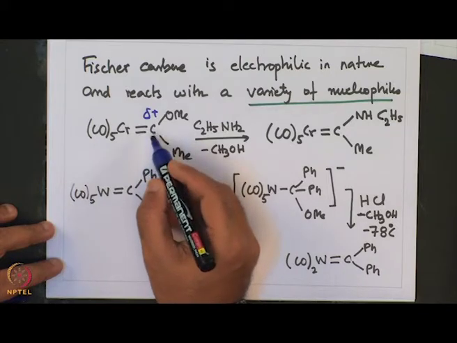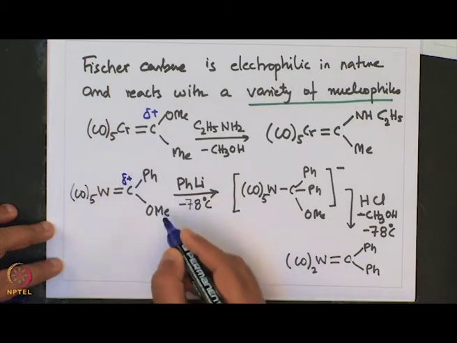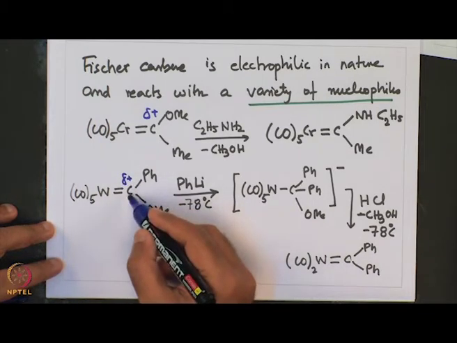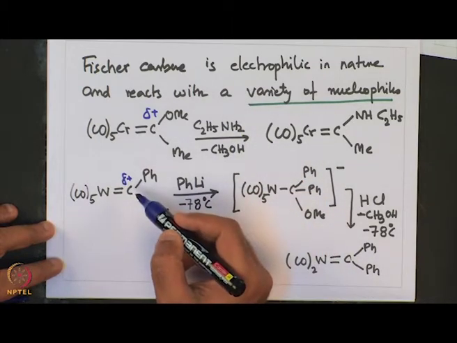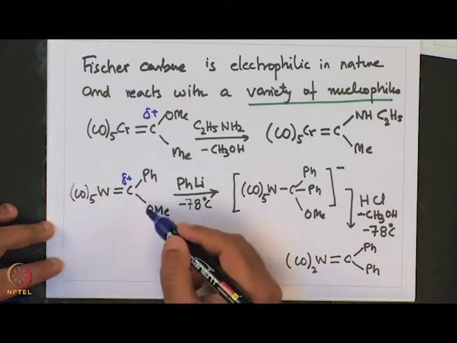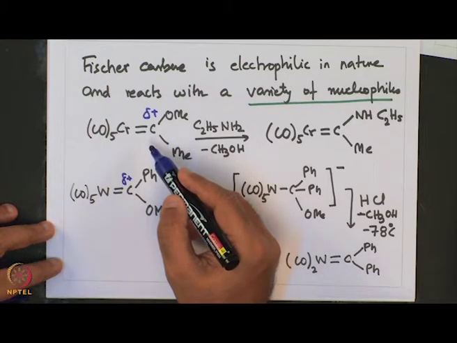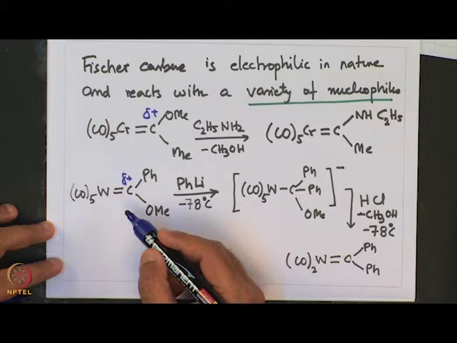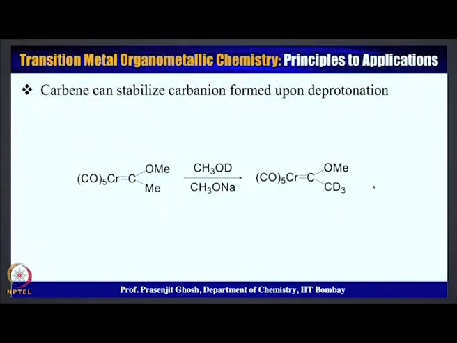As a result, there is always a positive charge on the carbene, which is the reason for the nucleophile attacking the carbenic center. So, this is a very important feature of Fischer carbene: because of the bonding, the carbon is slightly positively charged, and that allows it to react with a variety of nucleophiles the way it is shown here. Similarly, carbenes can stabilize carbanions.